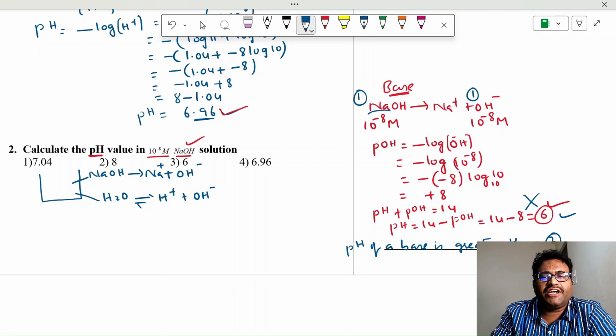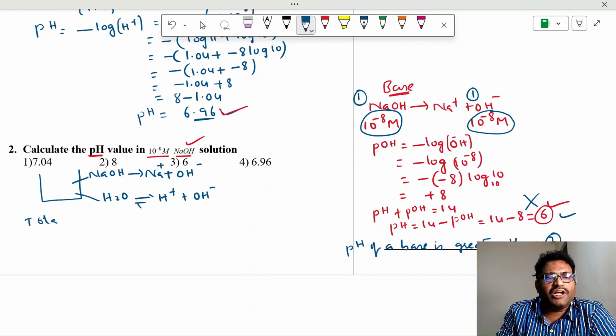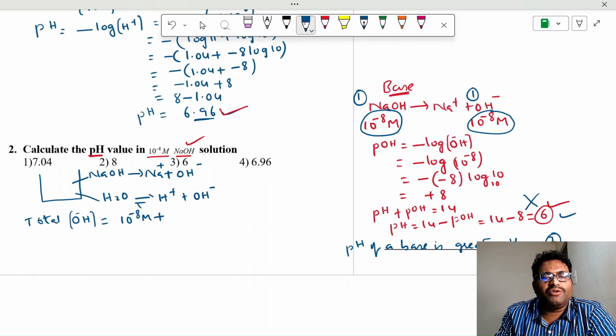Already we have studied that the OH minus contribution from NaOH is 10 power minus 8. So the total OH minus ion concentration is 10 power minus 8 M plus, and this is from NaOH.